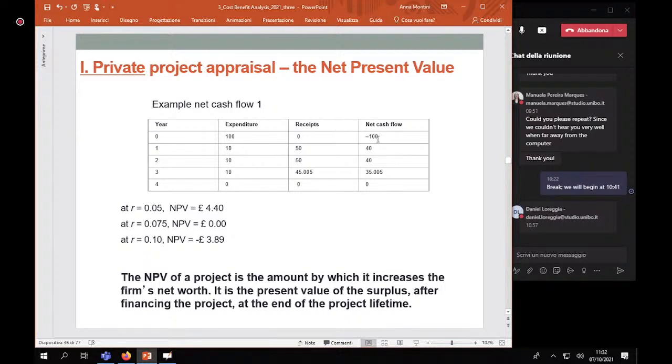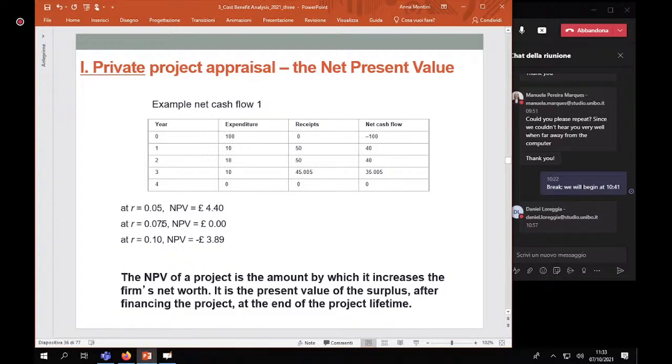Then you can calculate the net benefit for each one of the years, but you know that you cannot sum all the net benefits because they are referring to different years, okay? But you have here the calculation result for the net present value test at different values for the discount rate.